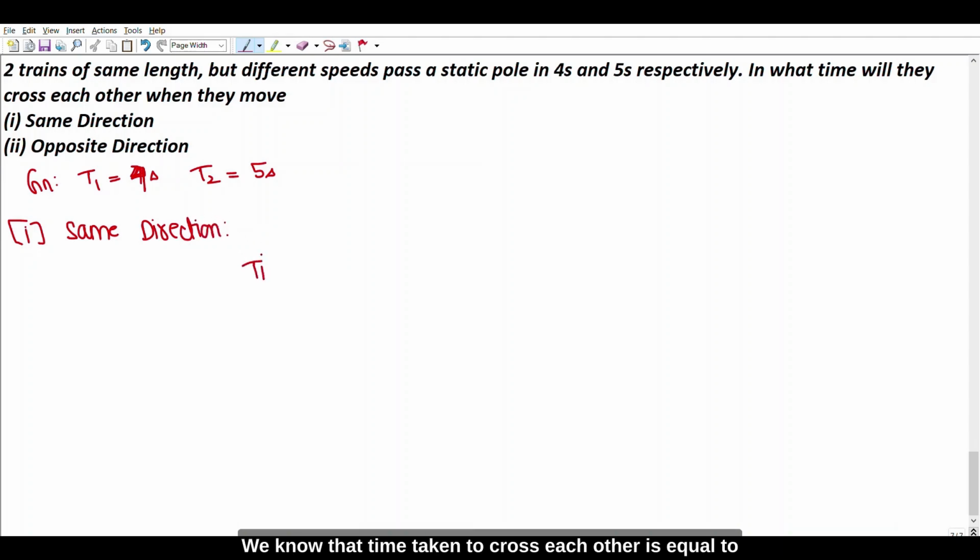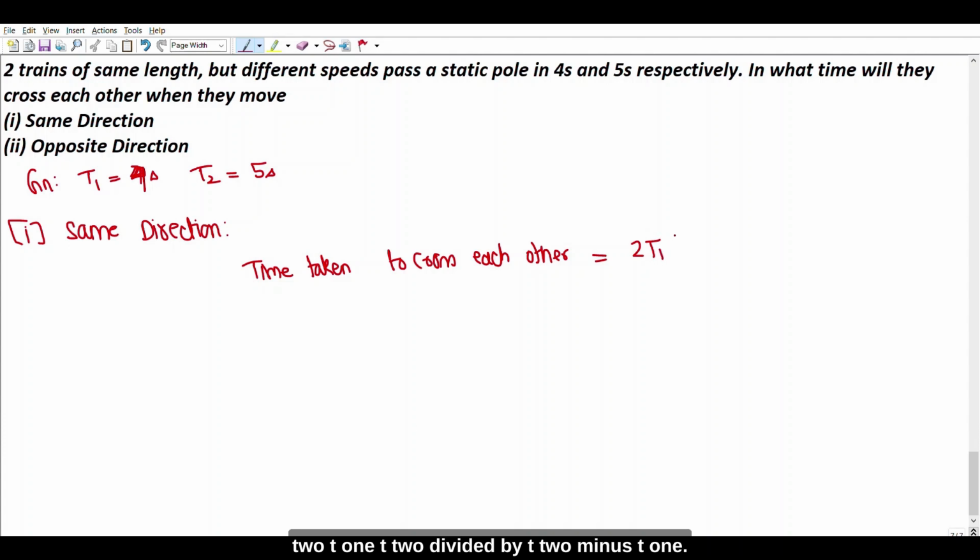We know that time taken to cross each other is equal to 2t1t2 divided by t2 minus t1.